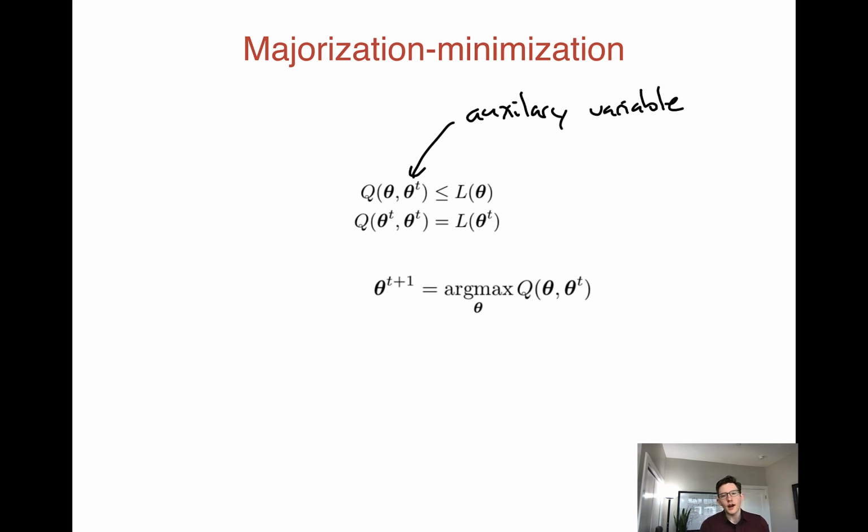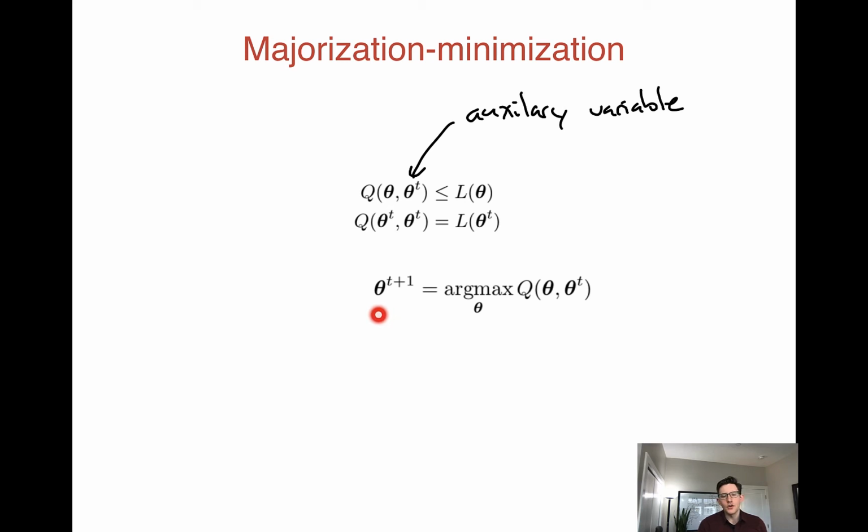Another requirement in practice of q is that it must be computationally efficient to take its maximum. So either we need to be able to analytically take its maximum with respect to this first argument, or we have to be able to quickly use some other algorithm like gradient descent or Newton's method or whatever else.